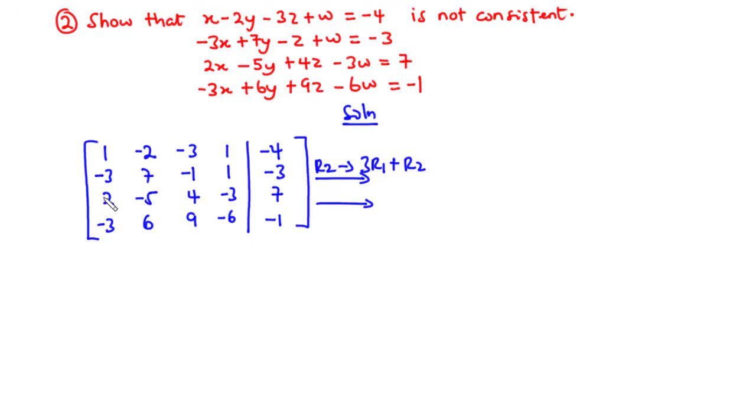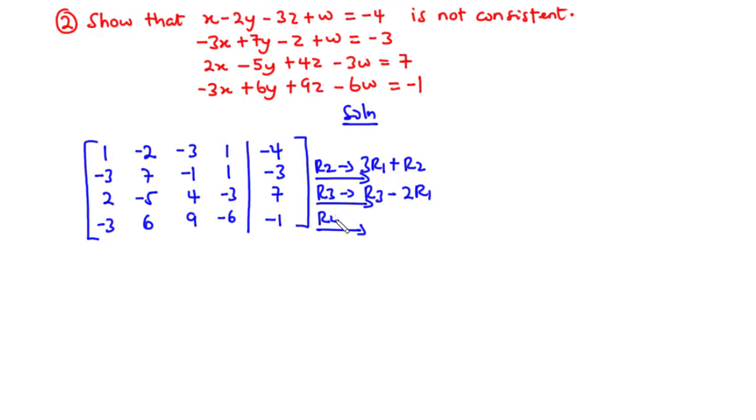So how do we make this value also go to 0? We perform the operation on row 3, and the operation is we multiply row 1 by 2 and subtract that from row 3. So that is row 3 minus 2 times row 1. And also for this value, we are going to multiply row 1 by 3 and then add that to row 4.